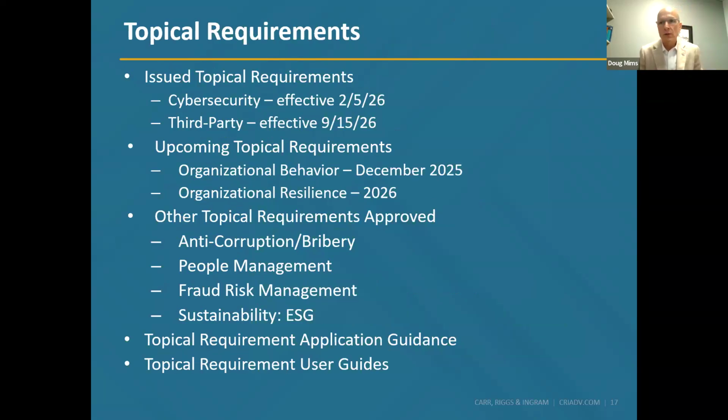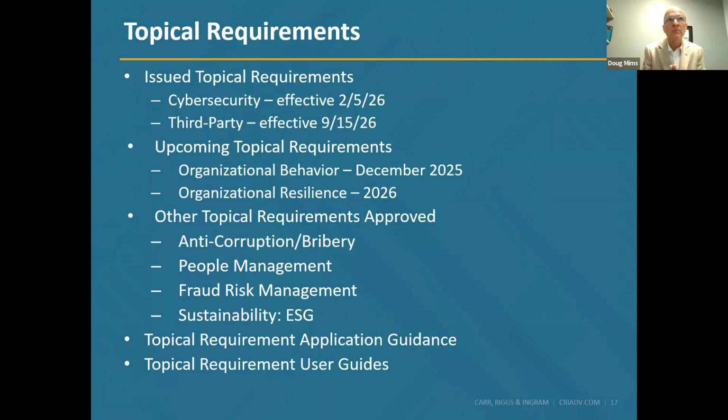So in addition to the Global Internal Audit Standards, since they have been issued, there's something called topical requirements. So just so you're aware of these, there have been 2 topical requirements issued. And I may not say this exactly right, but essentially the topical requirements become an integral part of the standards. And so they're a required part of the standards, is my understanding of how these will work.